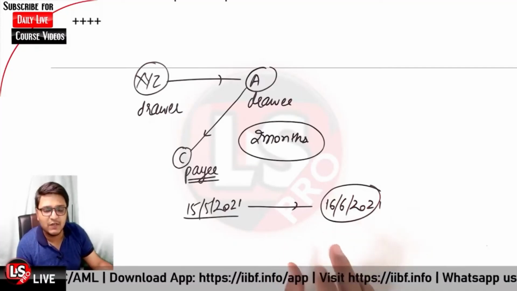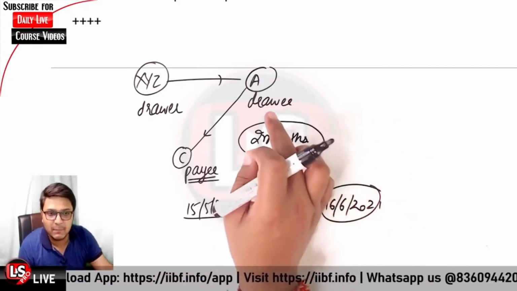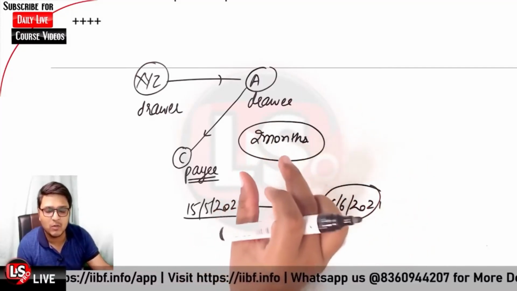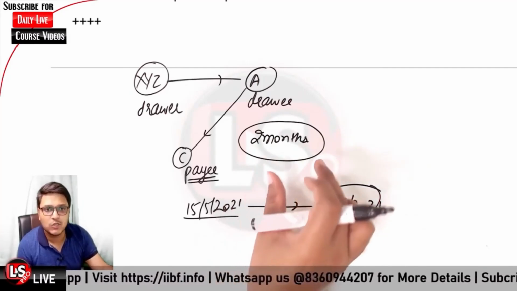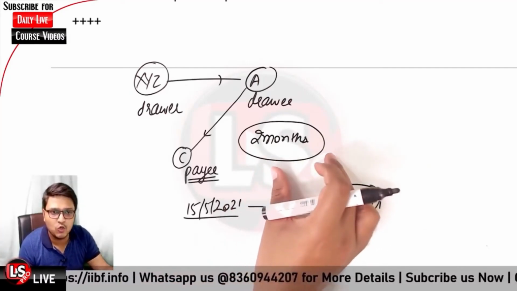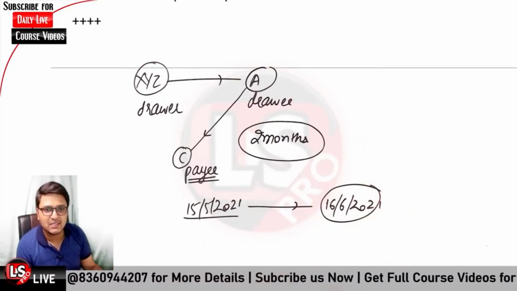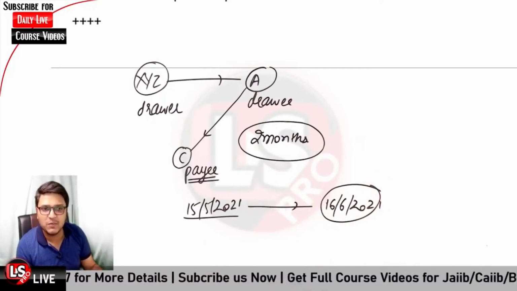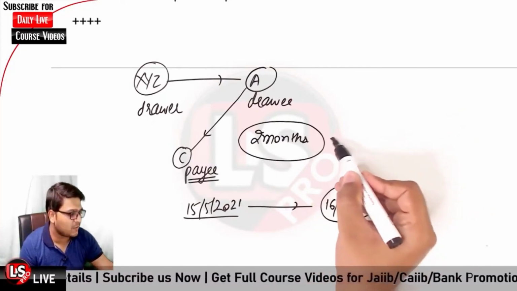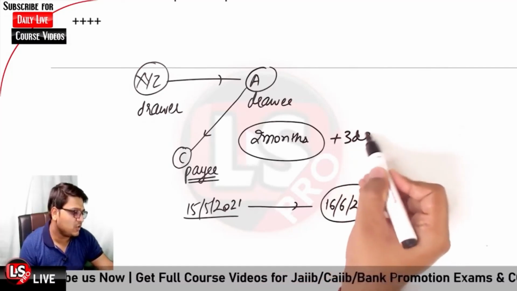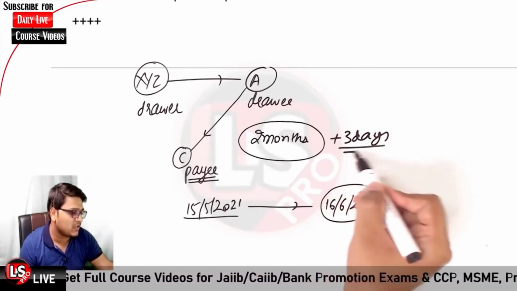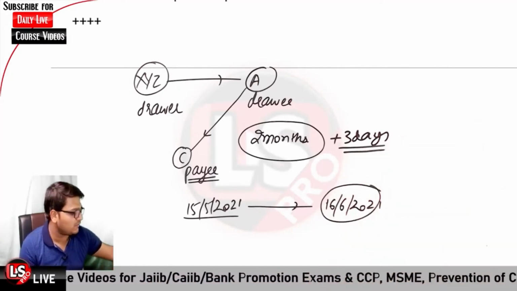But otherwise, if it is mentioned that person A is ordered to pay the amount after 2 months or after 1 month or after 20 days, in that particular case a grace period of 3 days is given if a particular date is not mentioned on the bill of exchange.